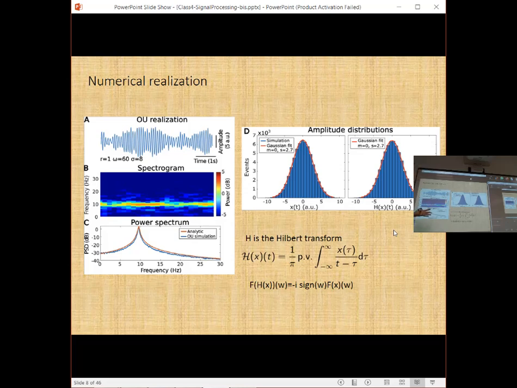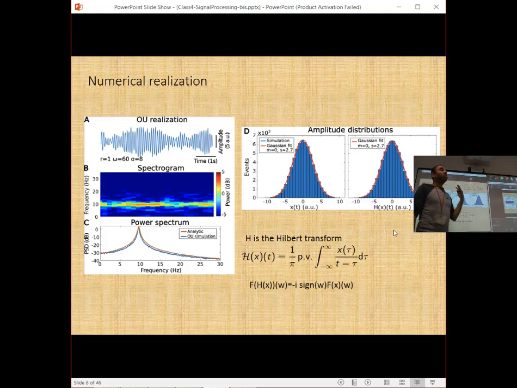So there is something to calculate on the signal which is interesting: what is the instantaneous frequency of the signal? If I have cosine omega t, I can see it in the complex plane as the real part of exponential i omega t.